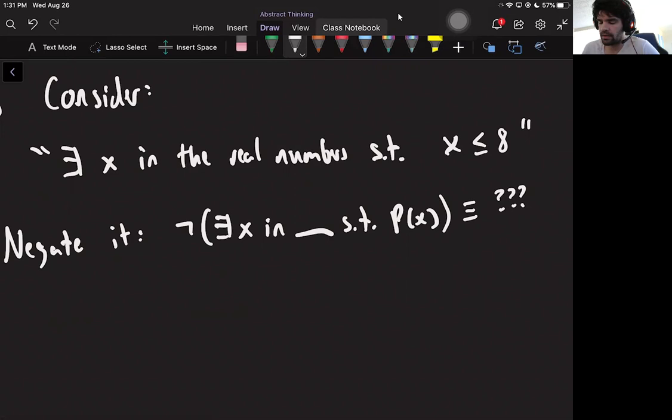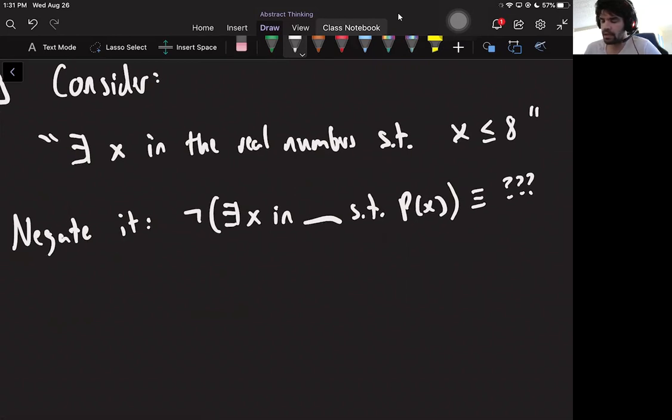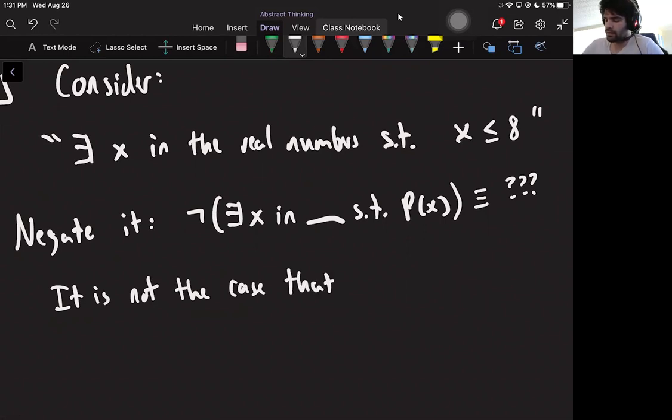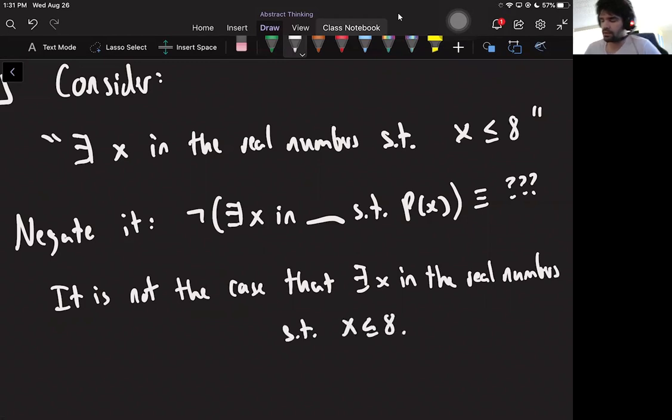If I want to negate it, I'm saying that it is not the case that the statement happens. The statement here is that there exists an x in the real numbers such that x is less than or equal to 8. So this is the negation of the original statement.